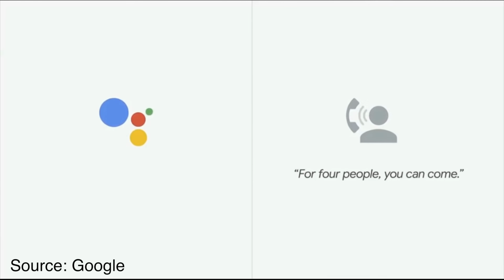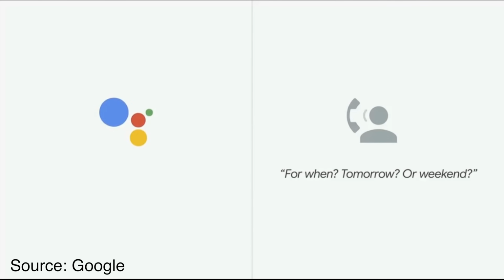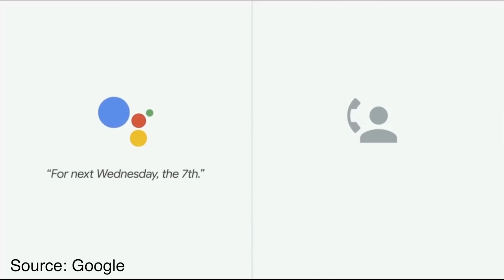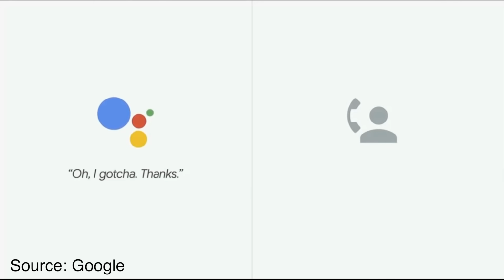For 4 people you can come. How long is the wait usually to be seated? For when, tomorrow or weekday or? For next Wednesday, the 7th. Oh no, it's not too busy. You can come for 4 people, okay? Oh, I gotcha. Thanks. Bye bye.